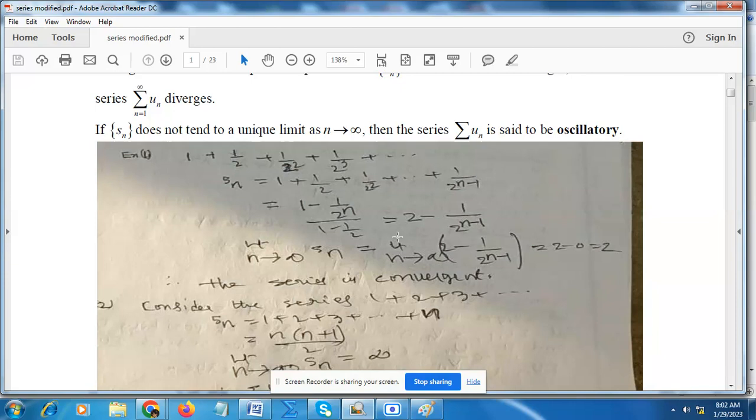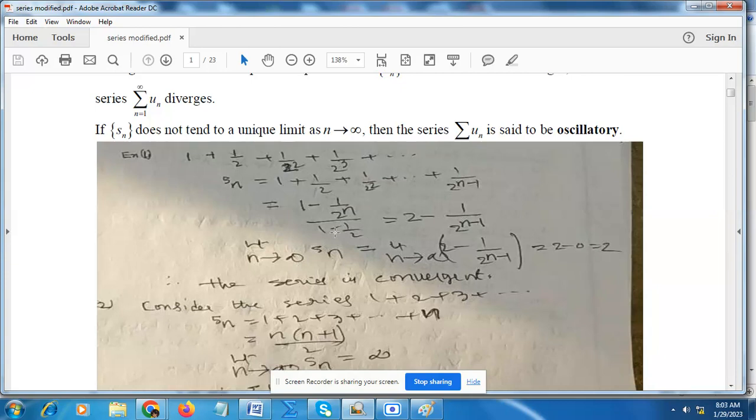Now, this is a geometric series whose sum is a into 1 minus r power n by 1 minus r. Here a is 1, r is 1 by 2. 1 into 1 minus 1 by 2 whole power n by 1 minus half.